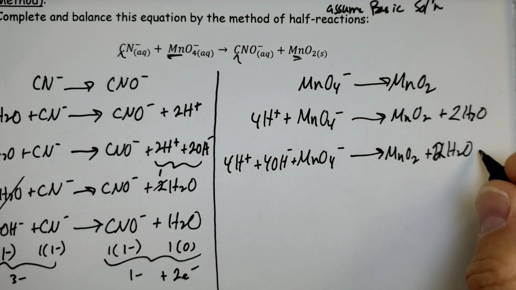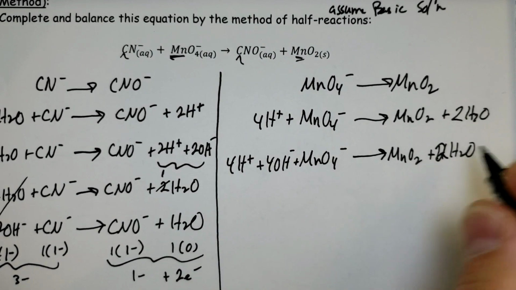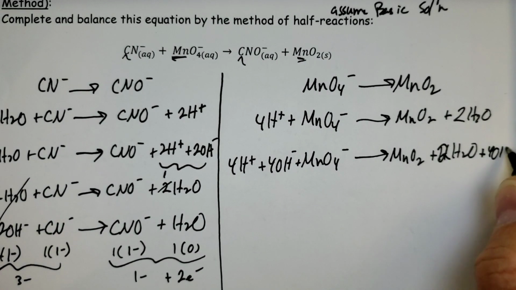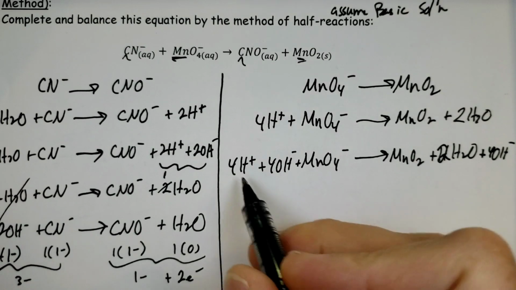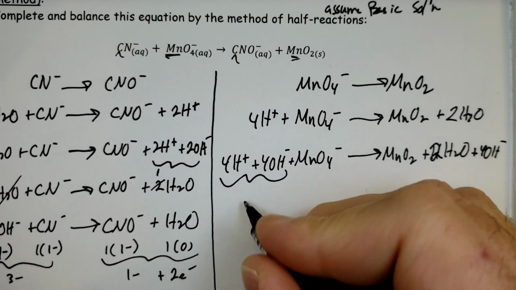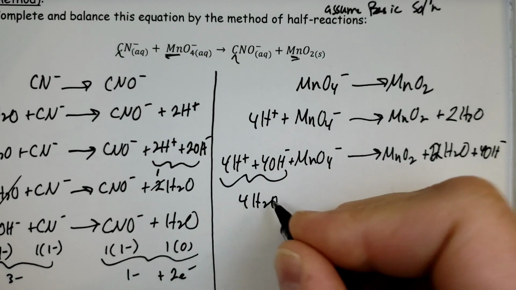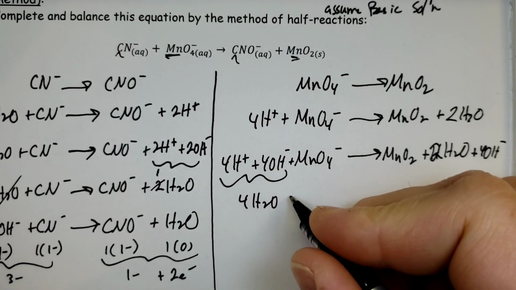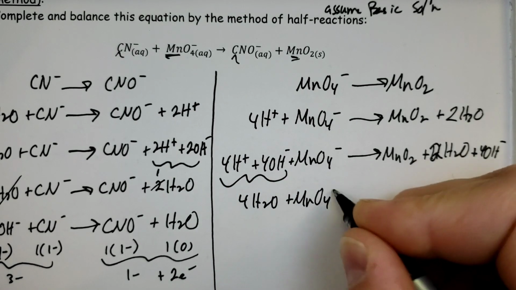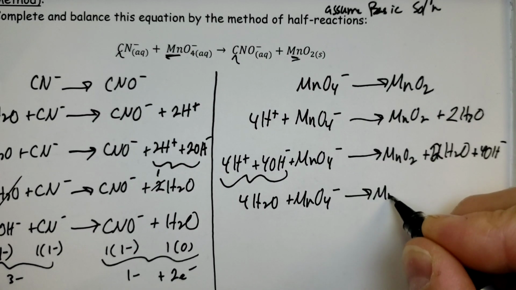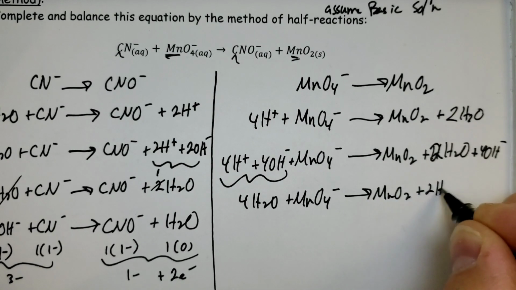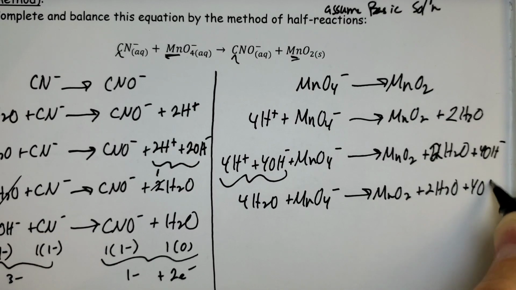Just move the camera over there. So I added four OHs, add four OHs. Of course here I'm going to get four H2Os. Four H's and four OHs give us water. And we end up with that.